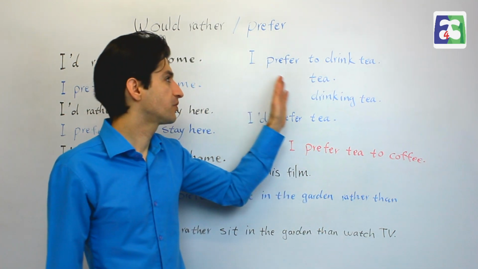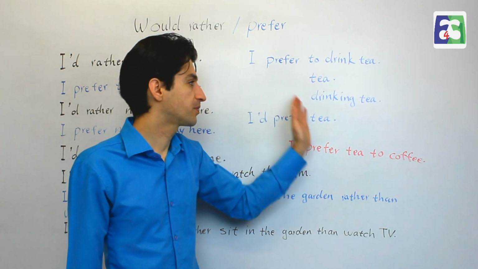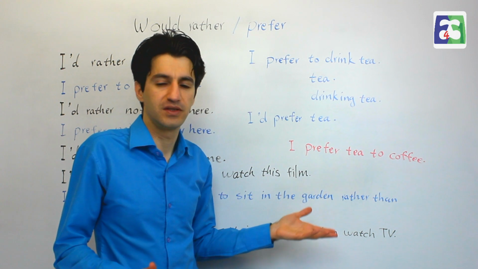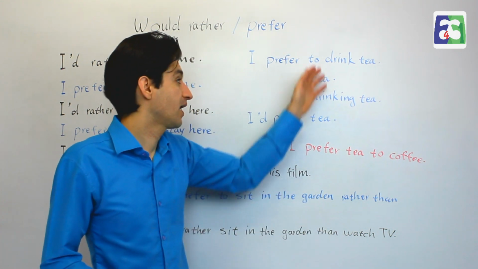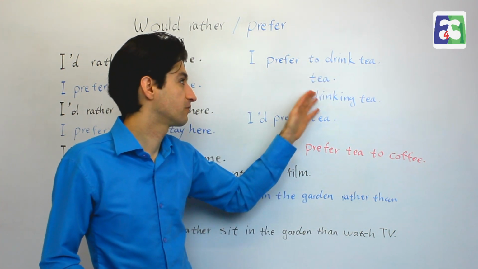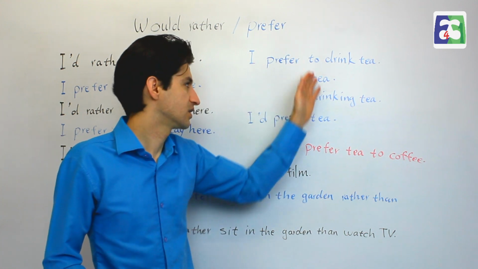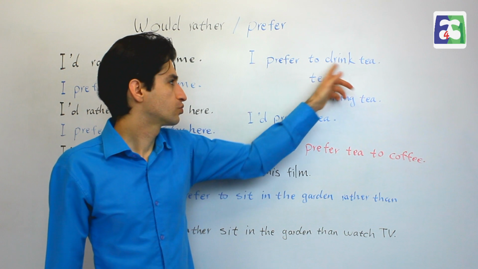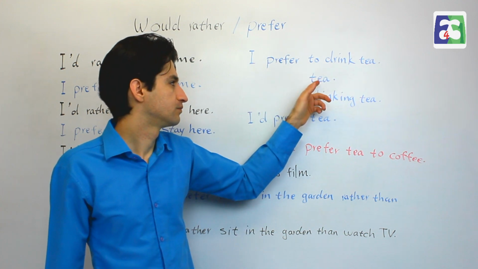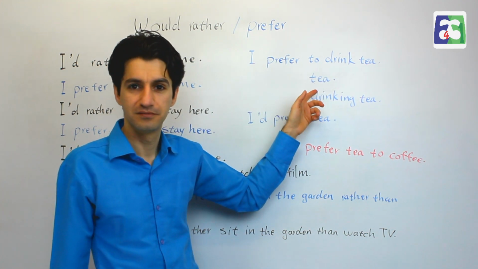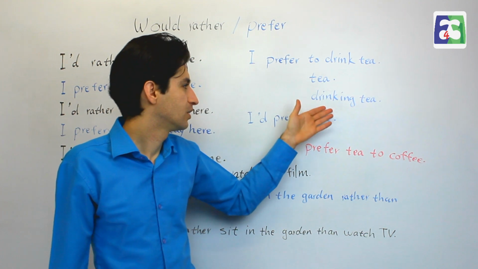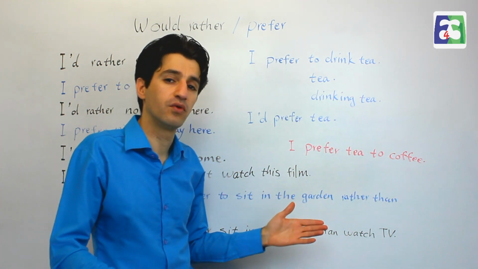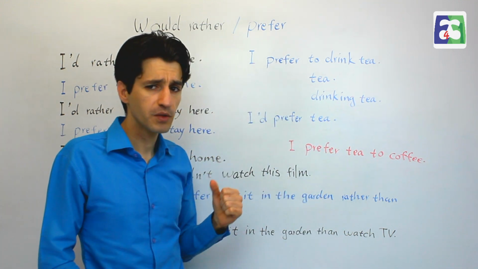So I prefer to drink, I prefer tea, or I prefer drinking tea. They are all forms of a noun. They are not verbs. So we can have forms other than verb after prefer. I prefer to drive, I prefer cars, I prefer driving. Okay, so you can have these forms after prefer.